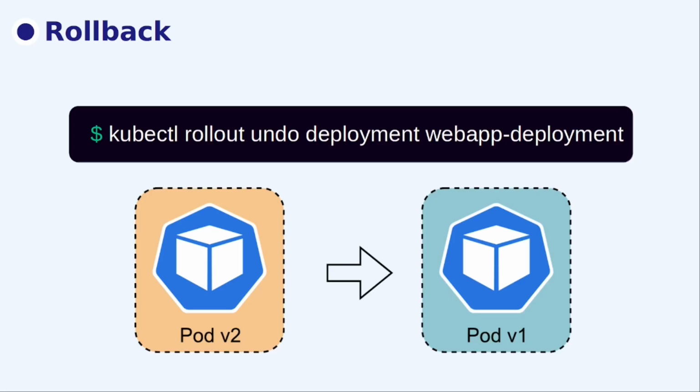This feature is extremely useful in real-world systems because it allows teams to recover from errors very quickly without complicated manual work. In summary, if a new release causes problems, Kubernetes makes it easy to immediately restore the previous version and keep the service running smoothly.